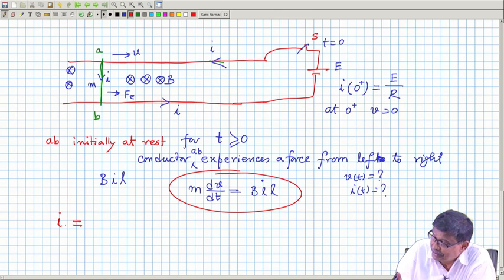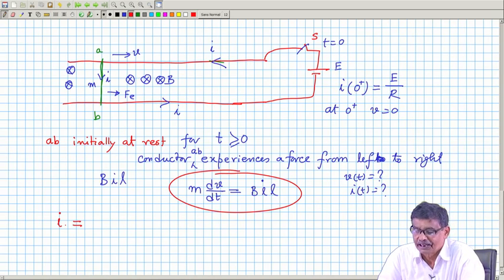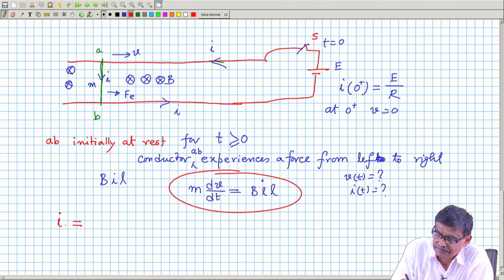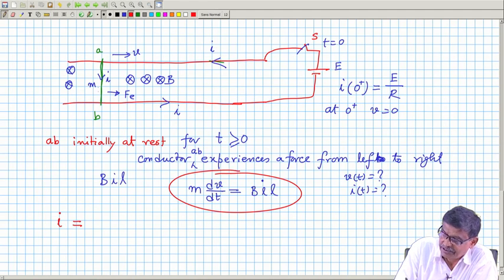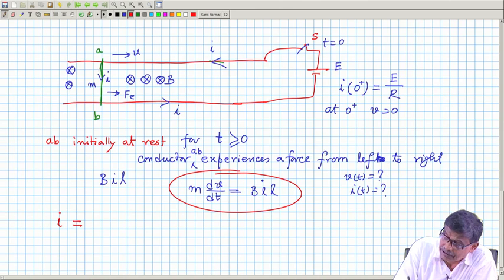See, the moment this happens, it starts moving. We have just discussed that a conductor moving in a magnetic field will have an induced voltage BLV. So for this conductor moving from left to right with velocity v meter per second must have an induced voltage, and what will be the polarity of this induced voltage?